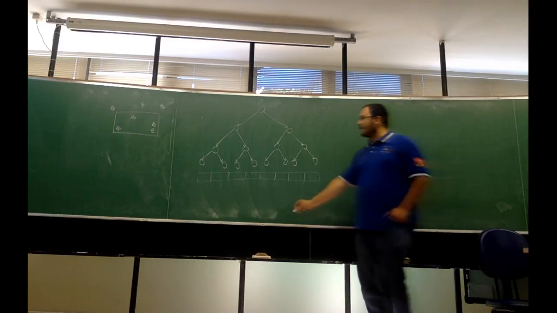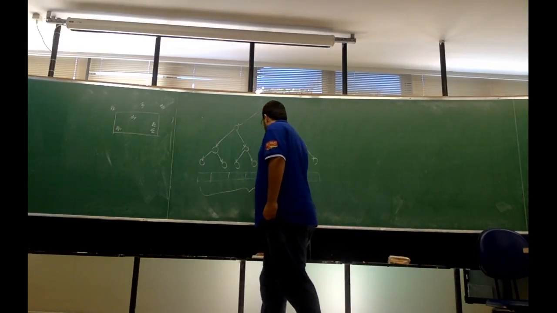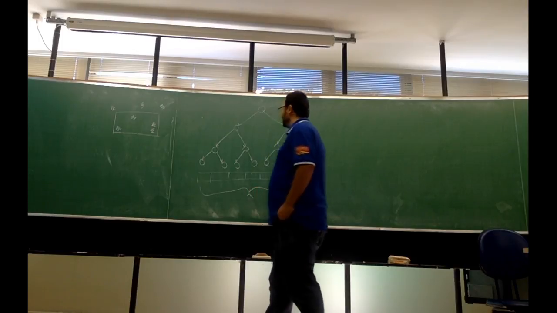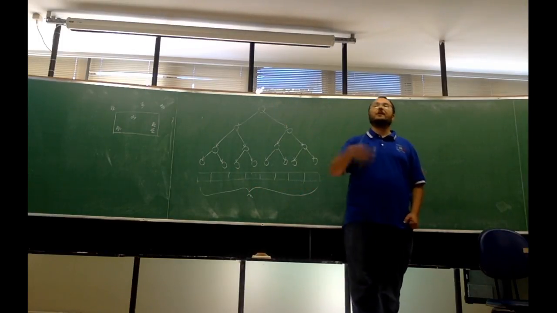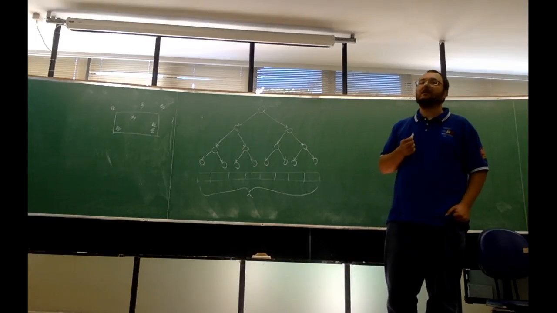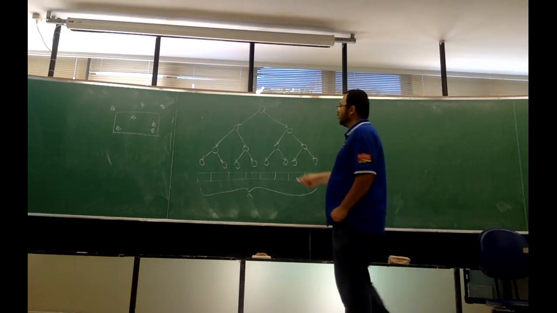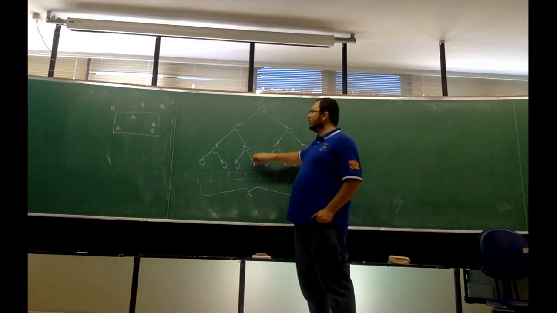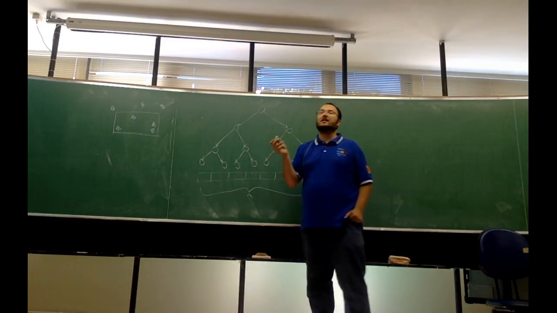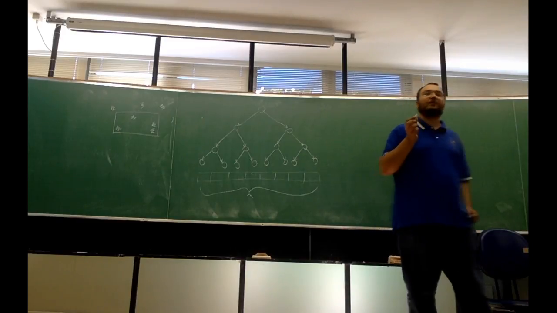So if this is n, then we can initialize the entire tree in linear time, and then each subsequent update will require logarithmic time. So there will be log n time spent, and there will be at most log n of these cells that change value.